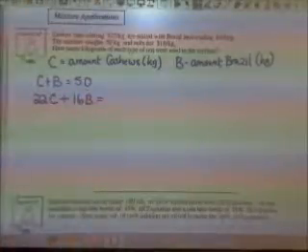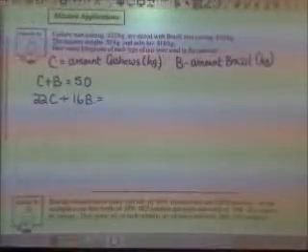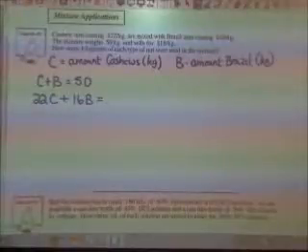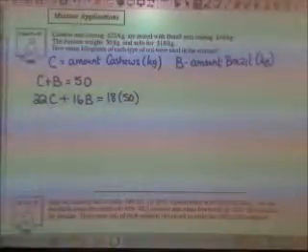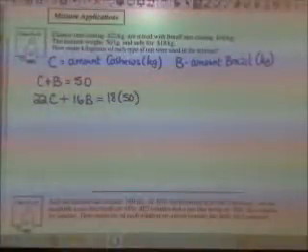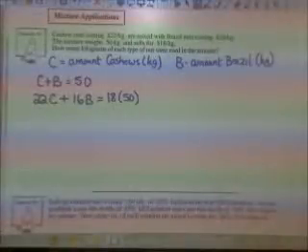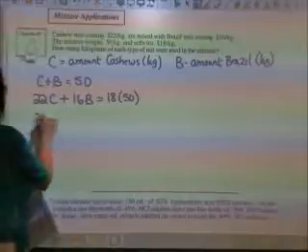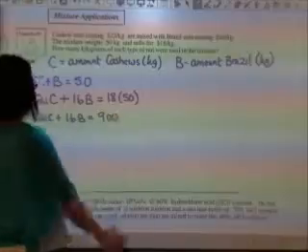And what would that equal? 18 times what, though? Why 50? Because that's how many kilograms I have. Good. So what's 18 times 50? It's not that big of a number. 900. So I have 22C plus 16B equals 900.